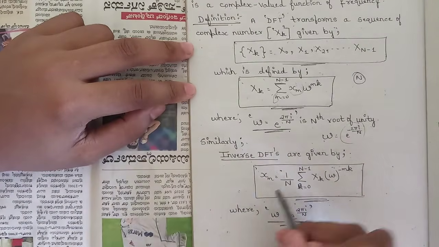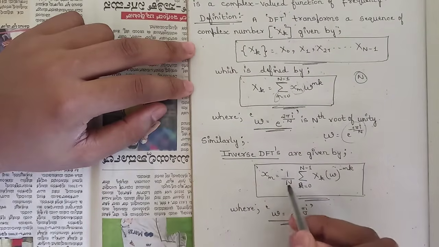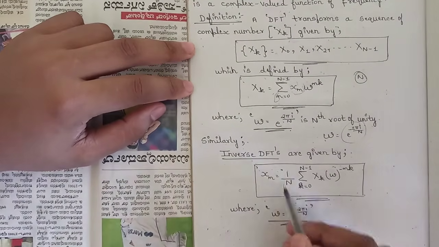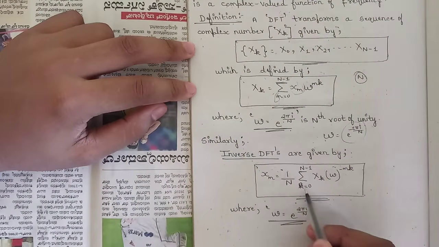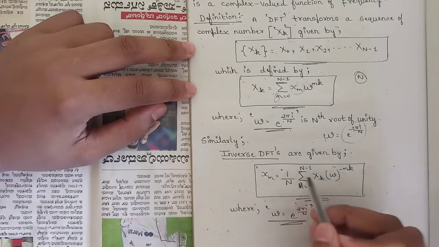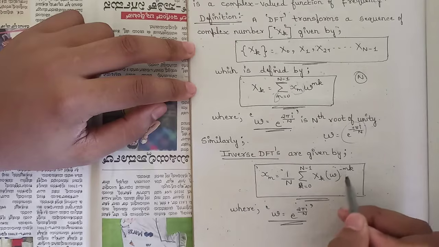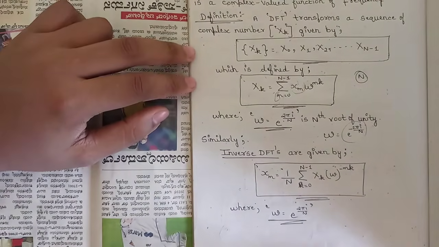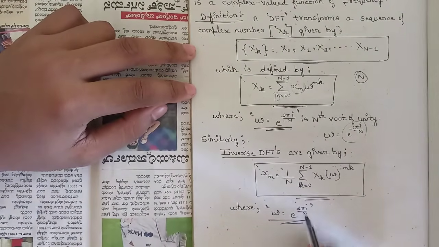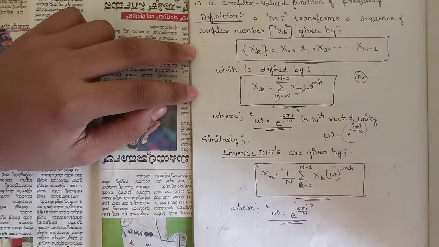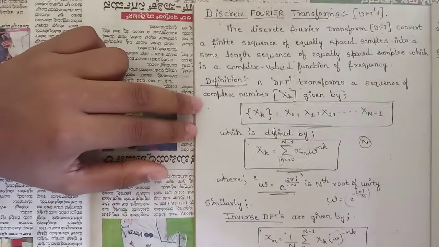The inverse DFT is x_n equals 1 by N, where N stands for the number of observations in the question, into the summation from k equals 0 to N minus 1 of X_k into omega to the power minus n k. Again omega stands for e to the power 2 pi i by N, where i or iota is an imaginary term. This can also be written as minus 2 pi i by N. So this was all about the discrete Fourier transforms.